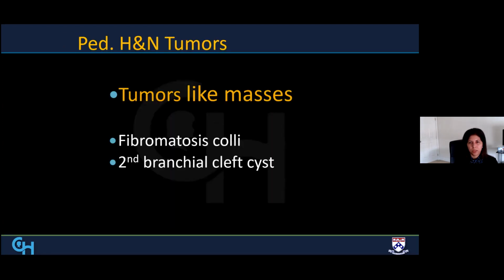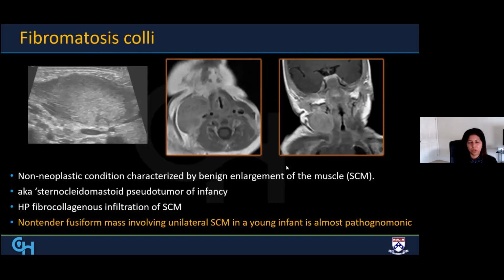And a common tumor-like mass which you should remember in the newborn is fibromatosis colli. This is a diagnosis which can be made on ultrasound as well. It's a non-neoplastic condition, and it is actually due to fibrocollagenous infiltration of the sternocleidomastoid muscle.